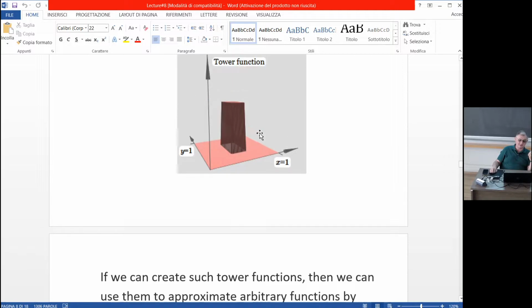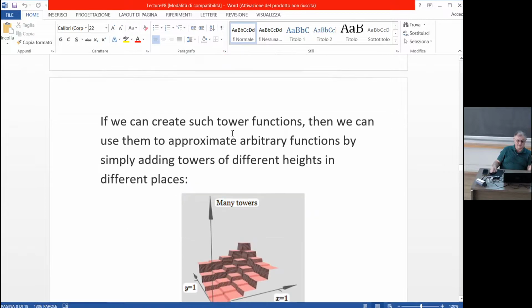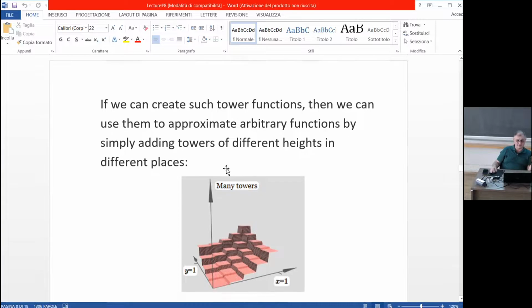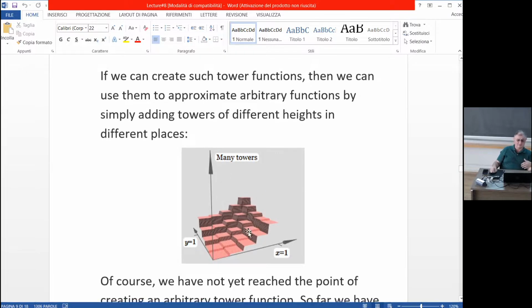Once we can construct the beginning and end of this tower by axis x and by axis y, of some predetermined height, we can then approximate any function by many tower functions.